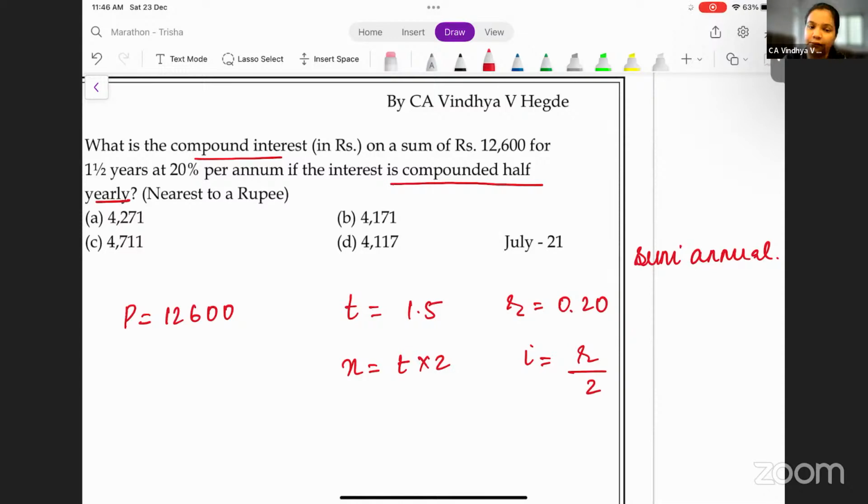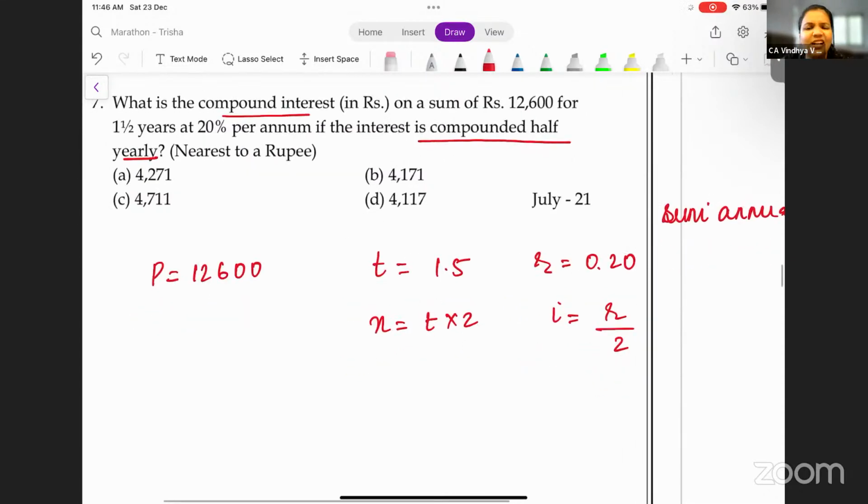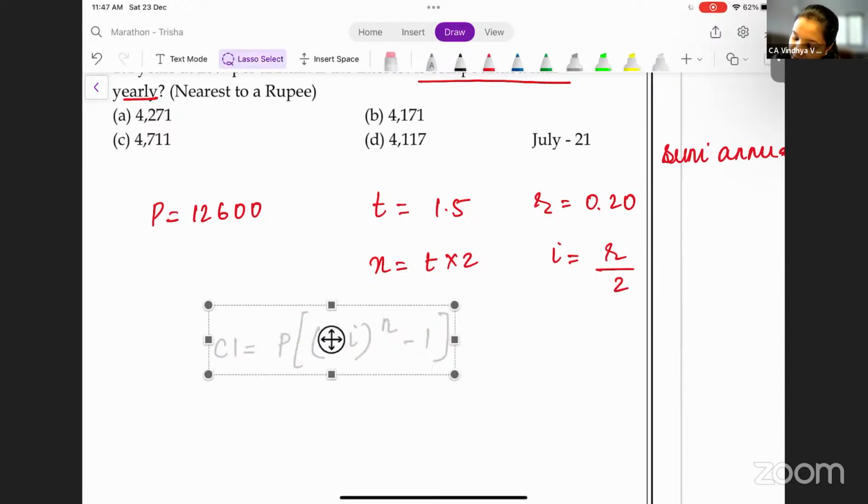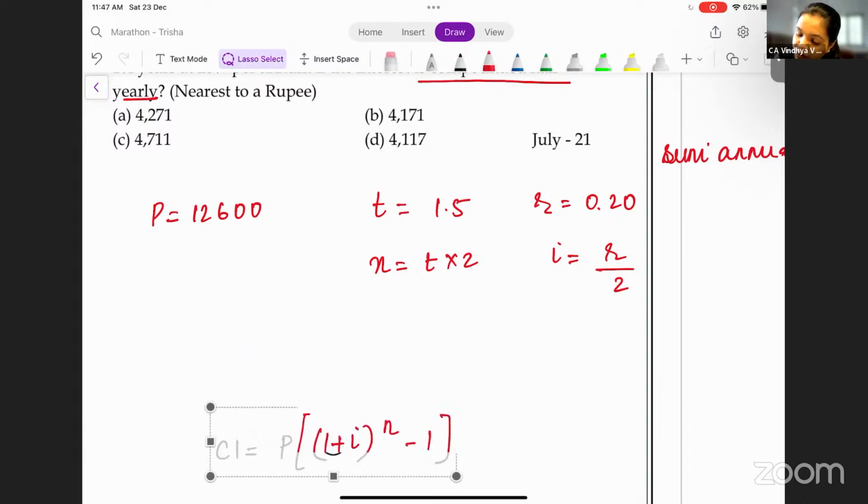Okay. All right. Now you have to find what? Compound interest, and round it off to the nearest rupee. What is the formula for compound interest? P into 1 plus I to the power n minus 1. Sorry, here you have to calculate n and I first, which we have not done.